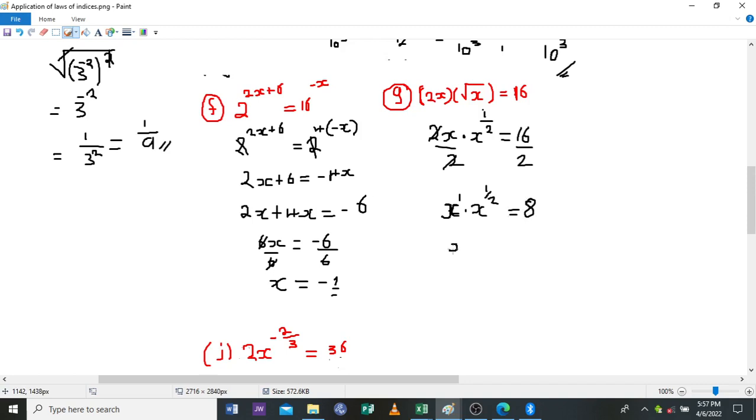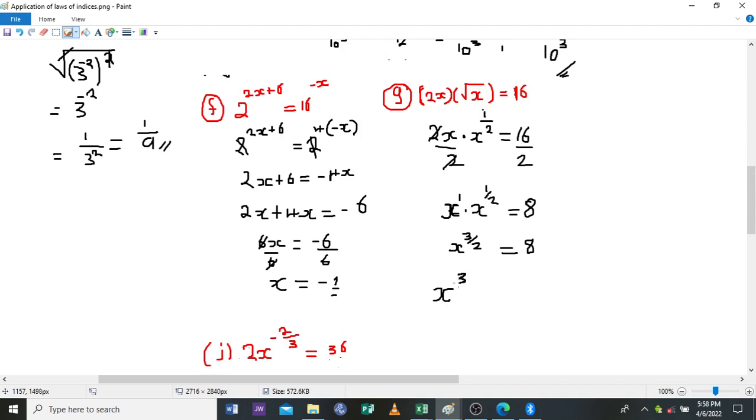So if you add the powers, laws of indices under multiplication will give us x raised to the power 3 over 2, right? Now this will be equated to 8. So the base is unknown, and if the base is unknown, we raise both sides of the equation to the reciprocal of the power.